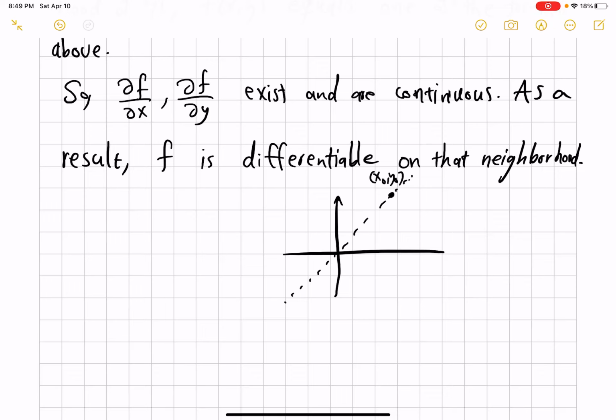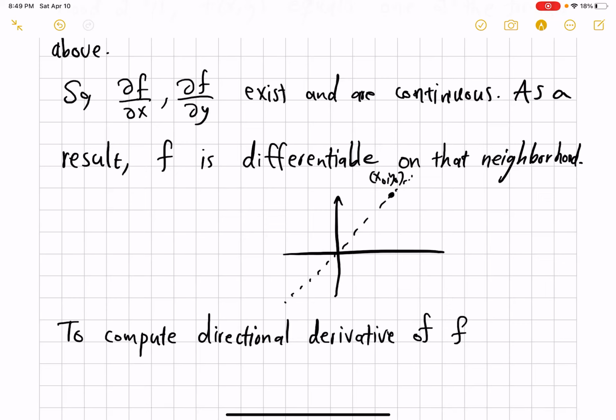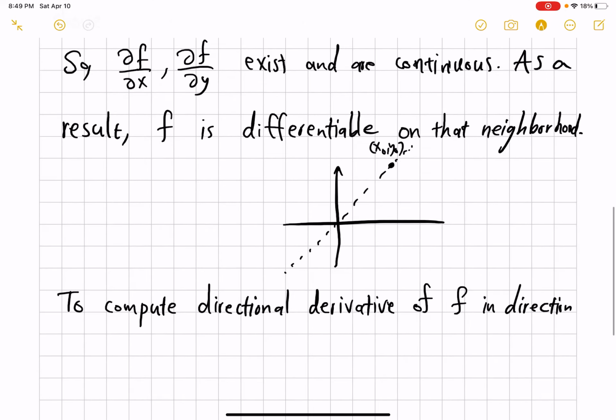Now let's consider the partials of f, or let's say to compute the directional derivative of f in direction I, this coordinate vector I. So you want to move in this direction I, and you want to compute the directional derivative of f.